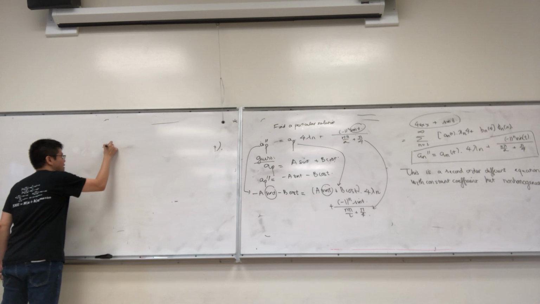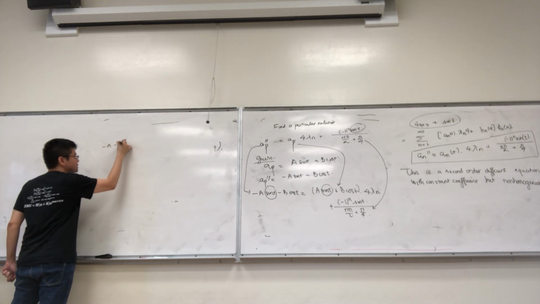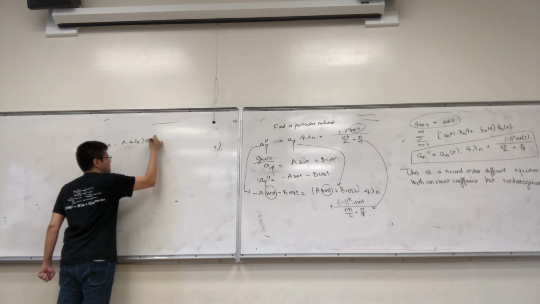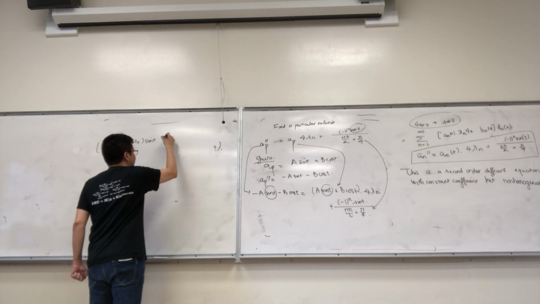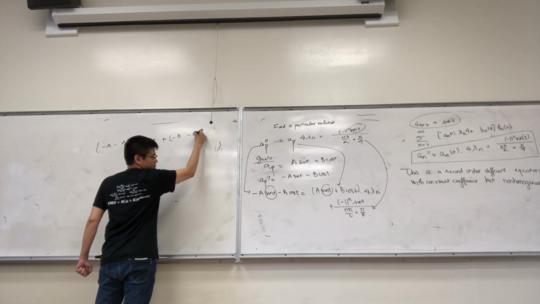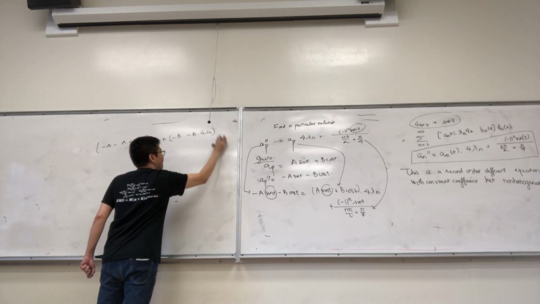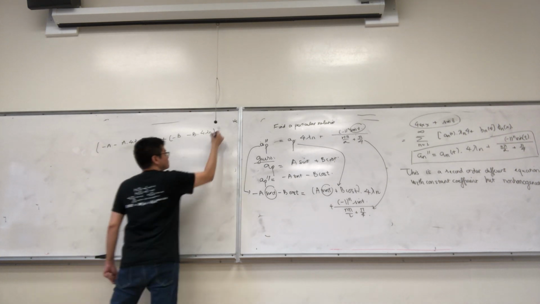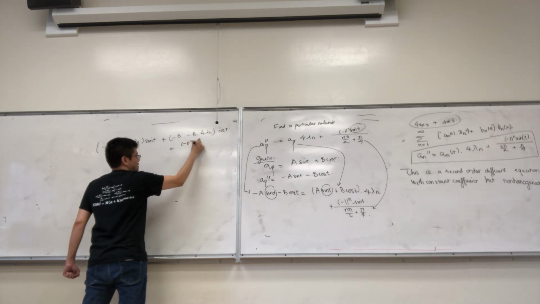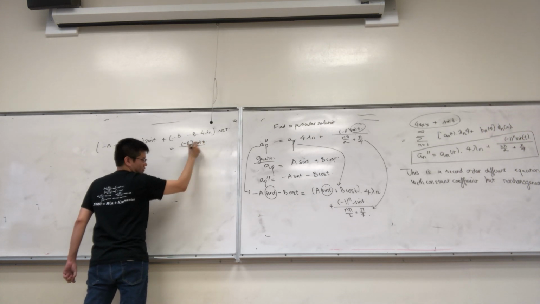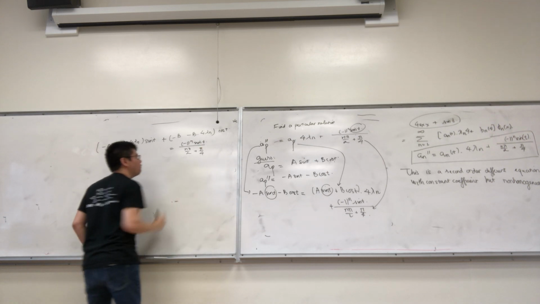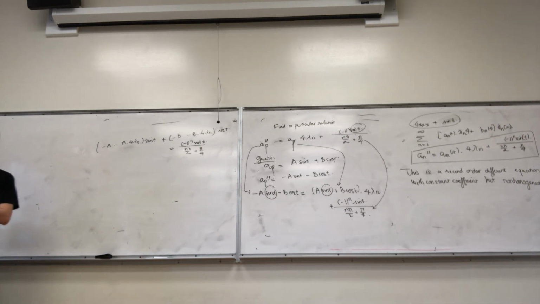So I have minus A times 4 lambda n sine t minus B times 4 lambda n cosine t is equal to minus 1 to the n sine t over n pi over 2 plus pi over 4. All right?